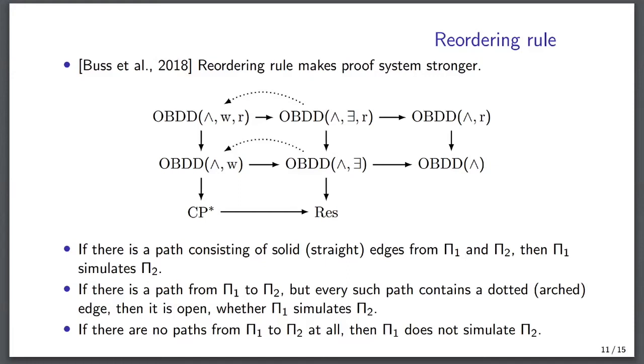But usually all solid lines are trivial. But if from one proof system there is no path to another proof system, it means that this proof system does not simulate it. We have some separation. But a dotted line says that the simulation is open. For example, if we have only a dotted line path, it means that we don't know currently if there is a simulation or not.